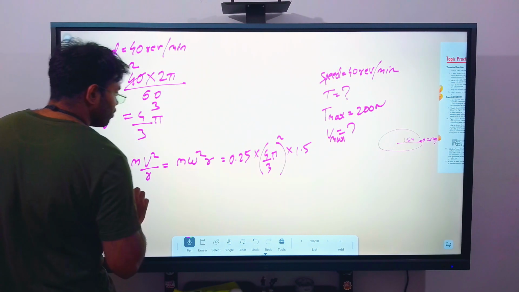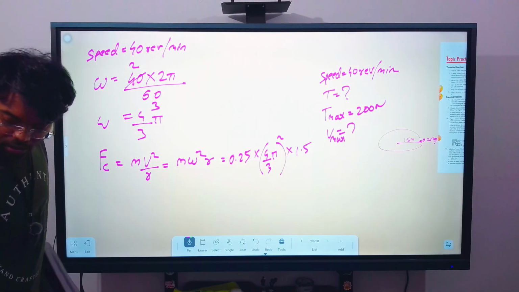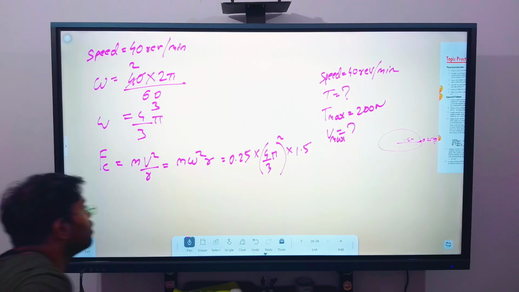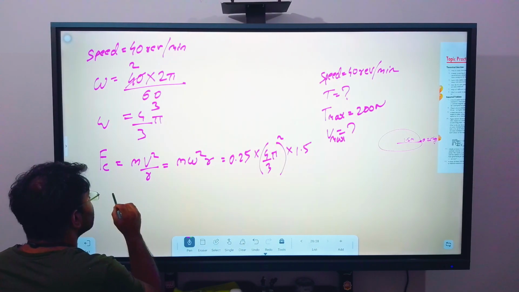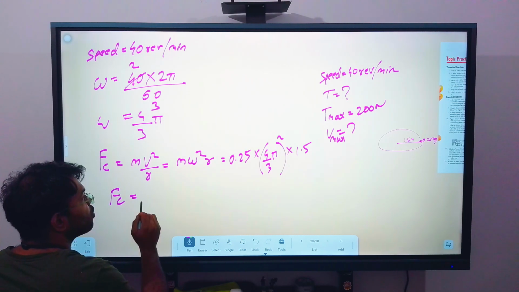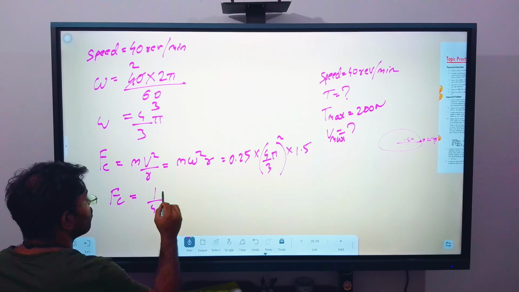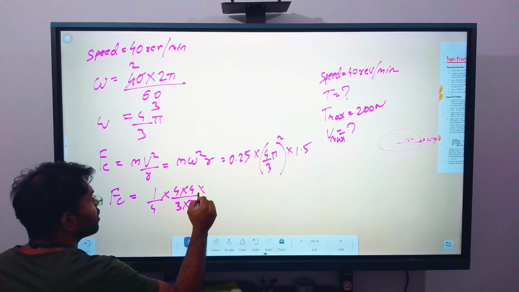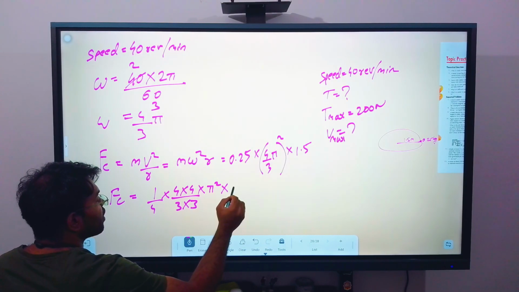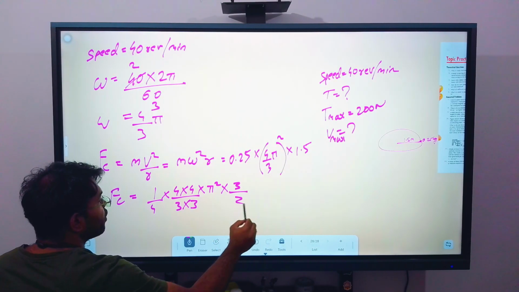Okay. So I'll get 0.25 can be written as 1 by 4 multiplied by 4 multiplied by 4 upon 3 multiplied by 3 multiplied by pi square multiplied by 3 by 2.